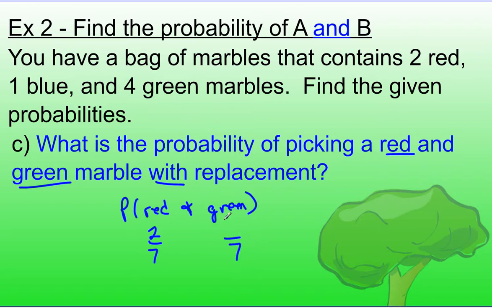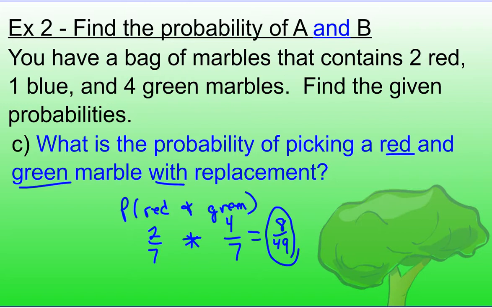And there are 4 green ones. 2 actions means you multiply. We get 8 out of 49, and that does not simplify. So hopefully you see the difference between with replacement and without replacement.